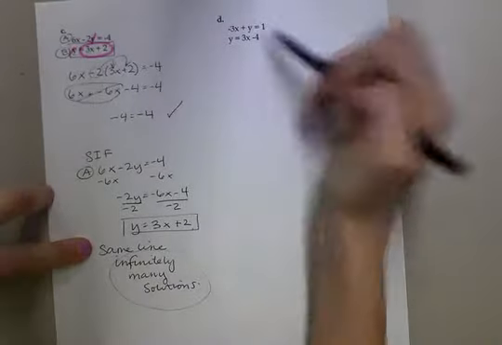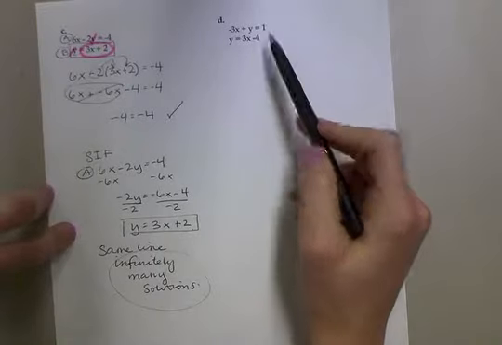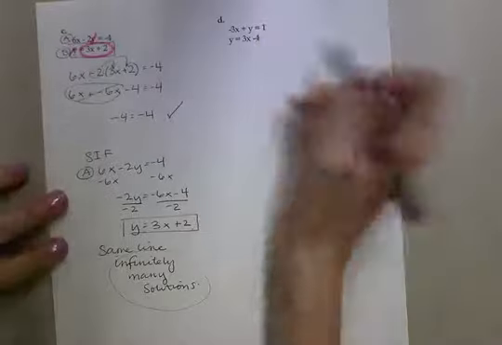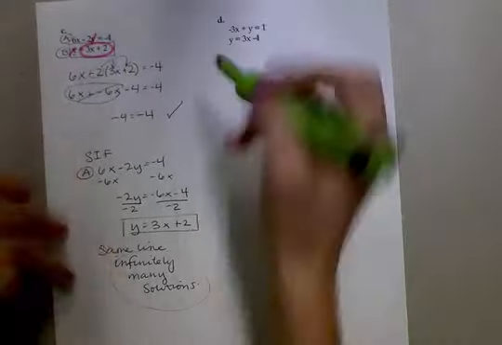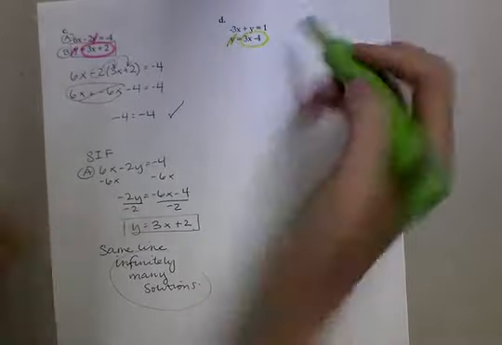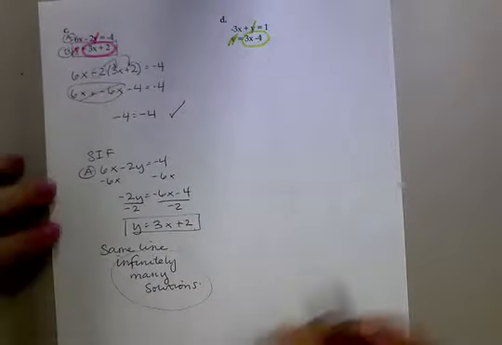All right, so what happens if the lines are parallel? Well, we can't tell exactly from here if those lines are parallel, so let's go ahead and just do the substitution and we'll see what happens. So our y in the second equation is already defined for us. We know that this expression, 3x minus 4, is equal to y. So let's substitute that in the first equation for our y.